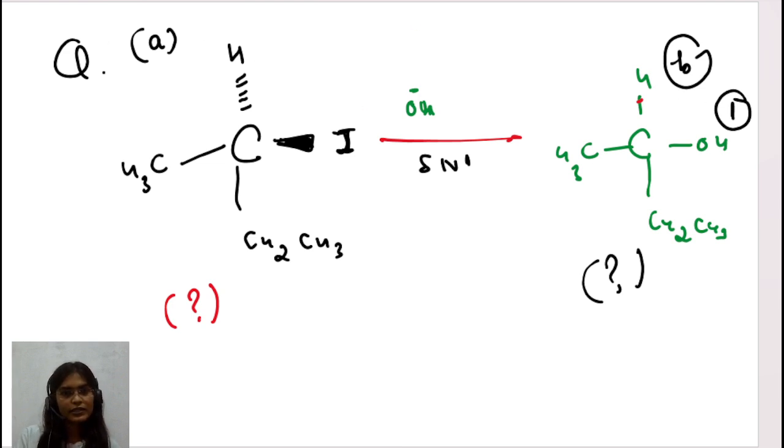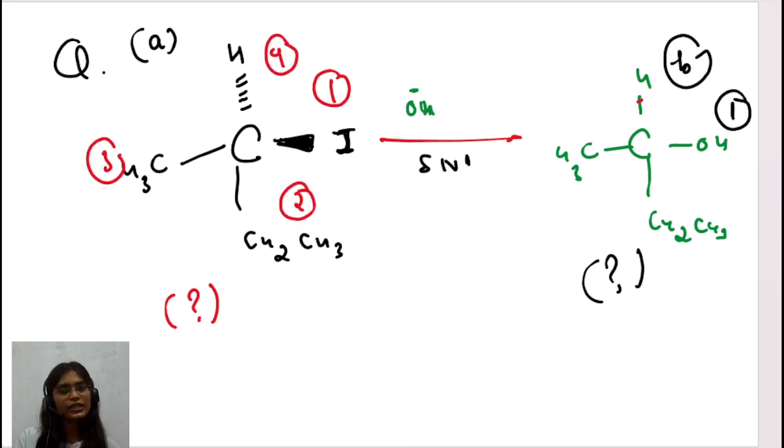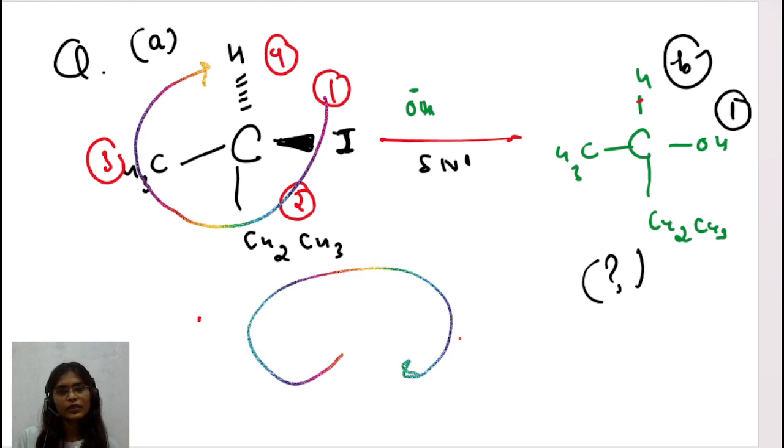Priority number one, priority number two, priority number three, and priority number four. The very good thing is that H is already present at the wedge position, so no need to change the configuration here. Let's see one, two, and three. Is it clockwise or anti-clockwise? Like this, it's a clockwise direction. If this is clockwise, it is going to be R. So the final answer for this question is R.